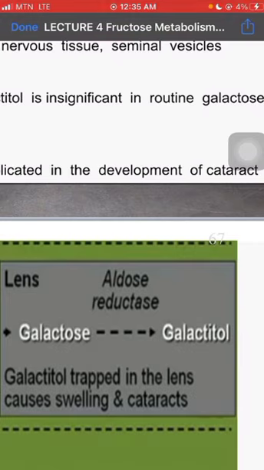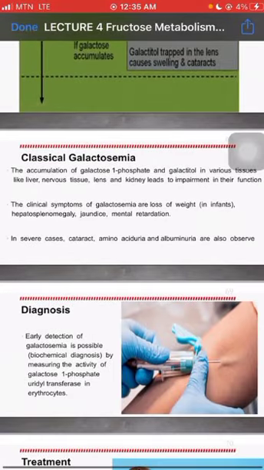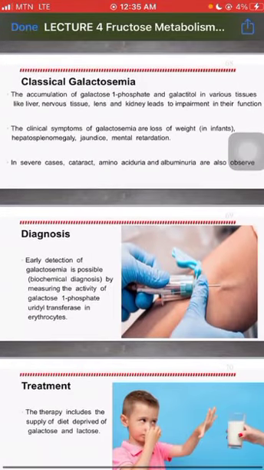So when aldose reductase converts the galactose to galactitol, the galactitol is going to end there and accumulate in the eye. And one thing about galactitol is that it loves water, so it will start drawing water to itself, and that is what is going to lead to the cataract. Hope you understand.